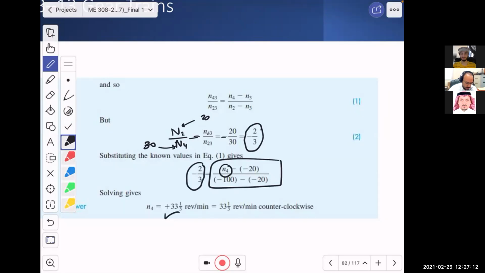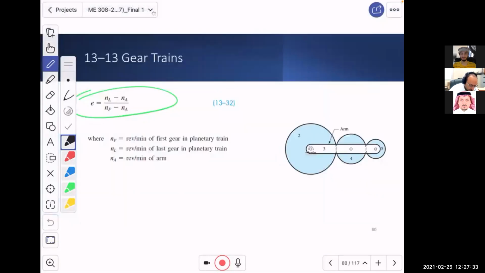Which one does this apply to? Does this apply to the sun? To which one of the gears? I'm a bit confused over there. And the minus 100 is for the sun gear. It is N2. But in this equation, the one we're solving, what did we consider as the last gear? Because we changed the convention, right? We chose N2 as the first and N4 as the last.